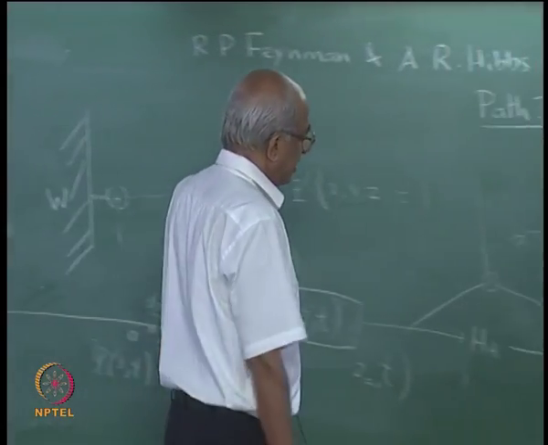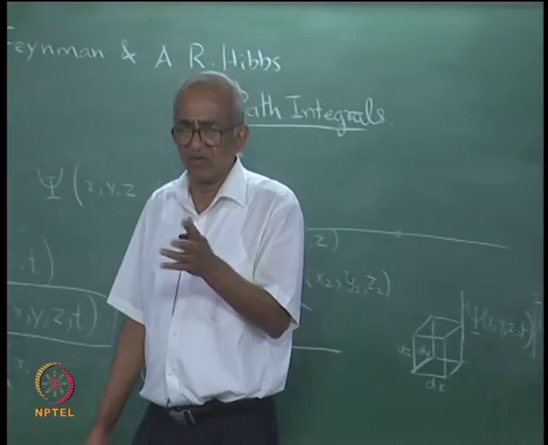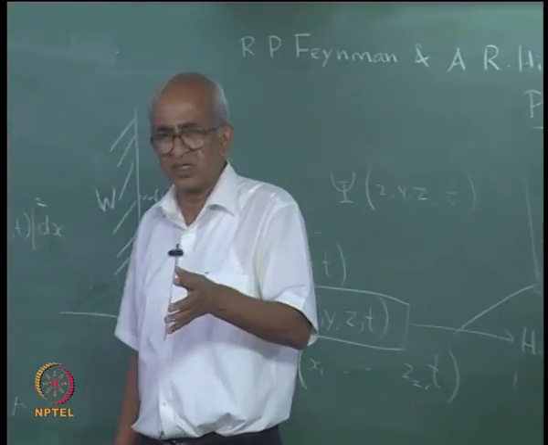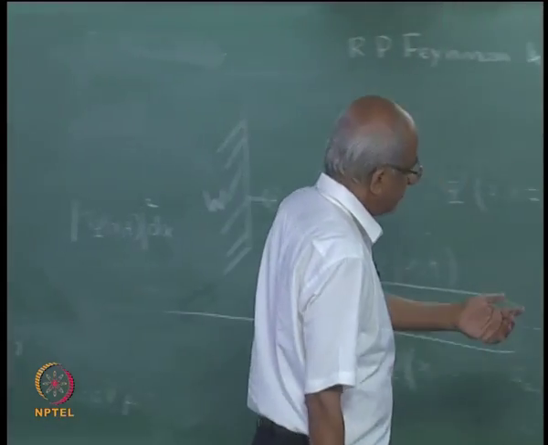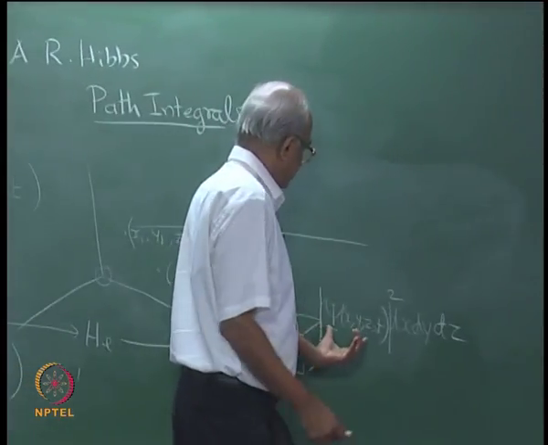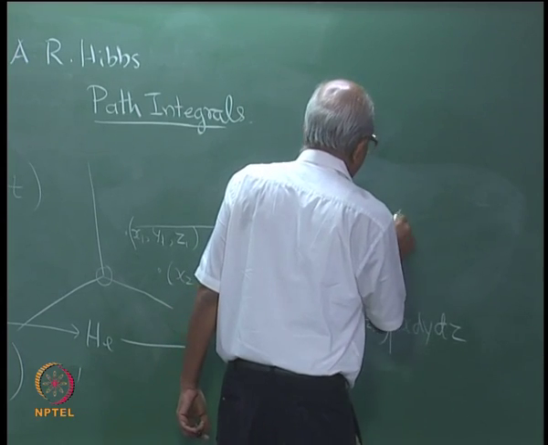Now, in general, this psi will be a complex number, it will not even be a real number, it will be a complex number with a real and an imaginary part. And that is why I had been putting this magnitude square, but instead of taking the magnitude and squaring it, if you like, you can also do the following.